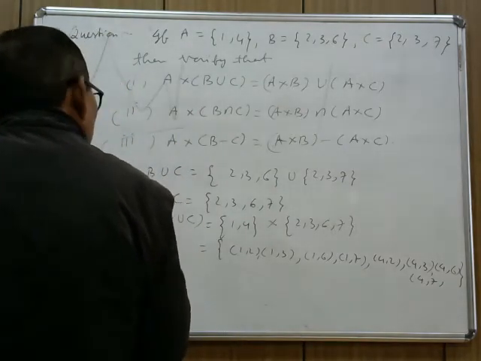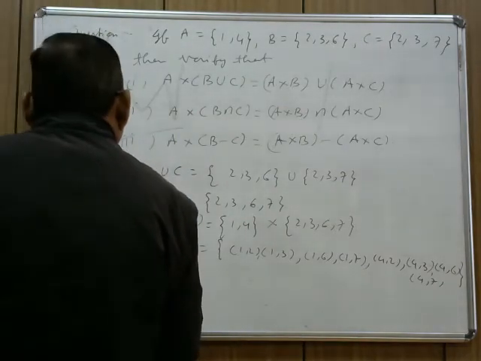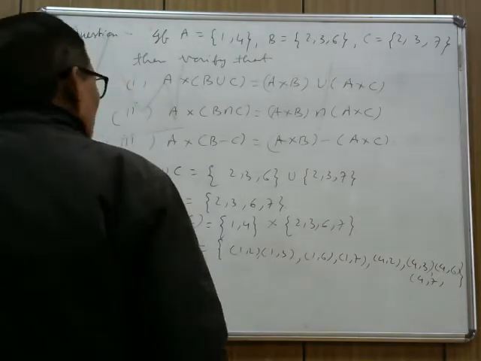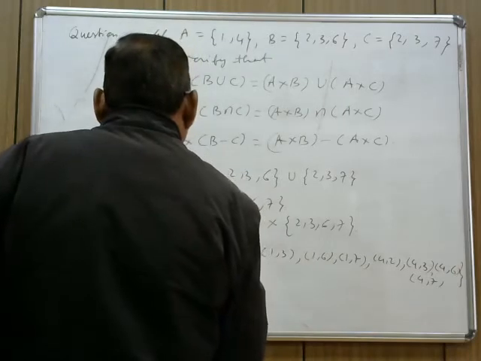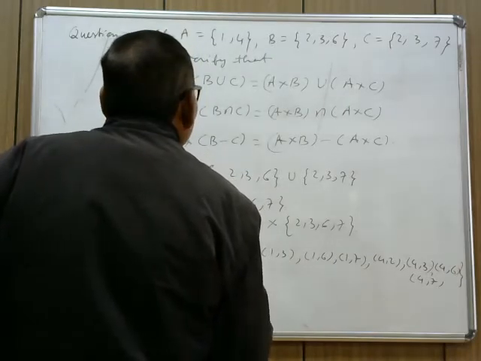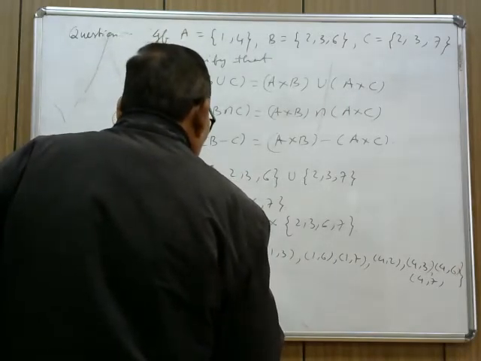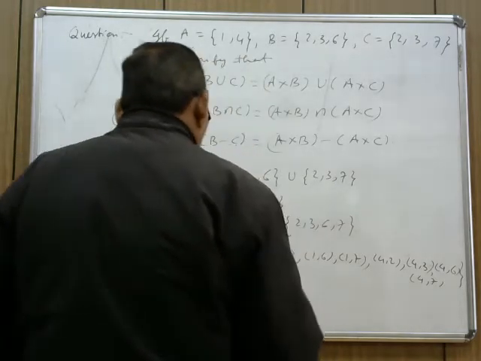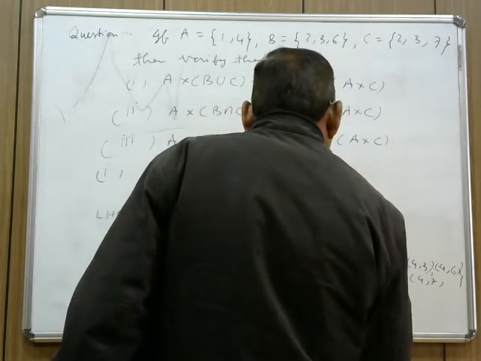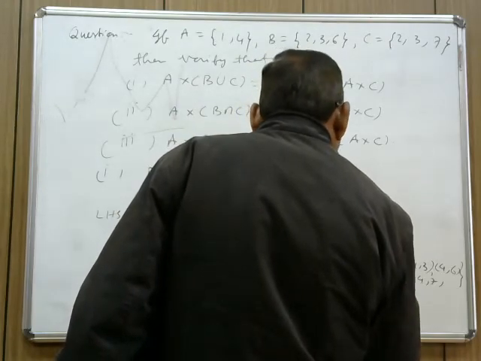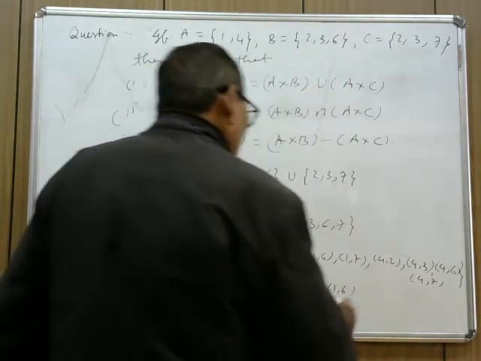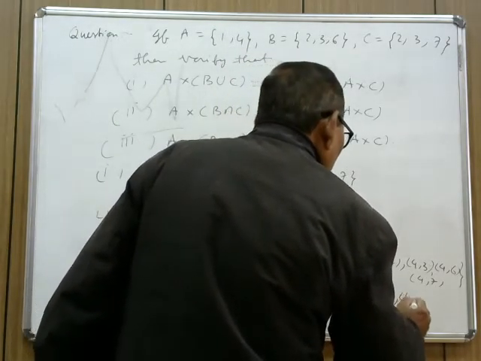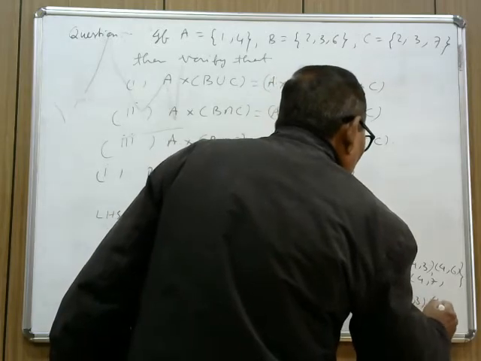Now RHS. In RHS you first find A cross B. Your A cross B is {1, 4} cross {2, 3, 6}. That is equal to (1,2), (1,3), (1,6), (4,2), (4,3) and (4,6).